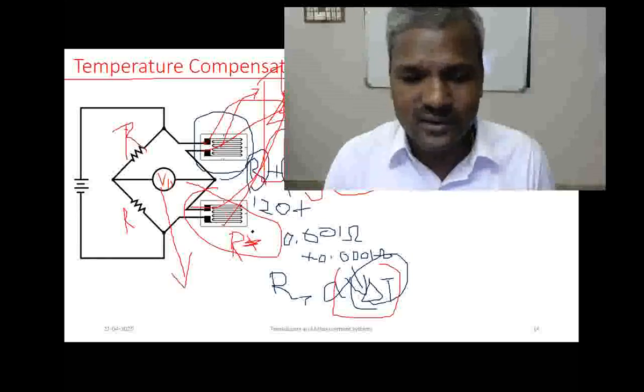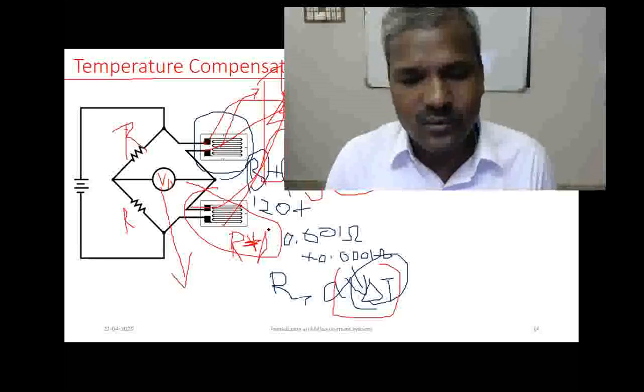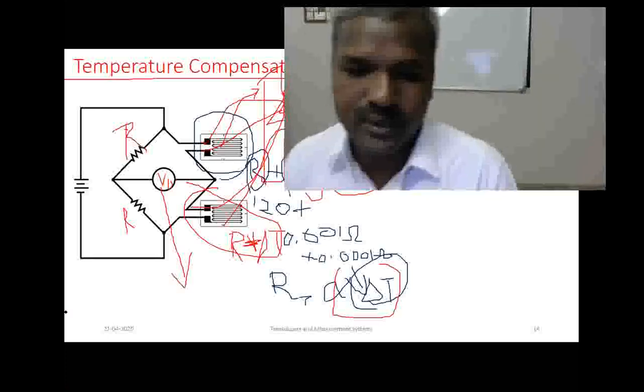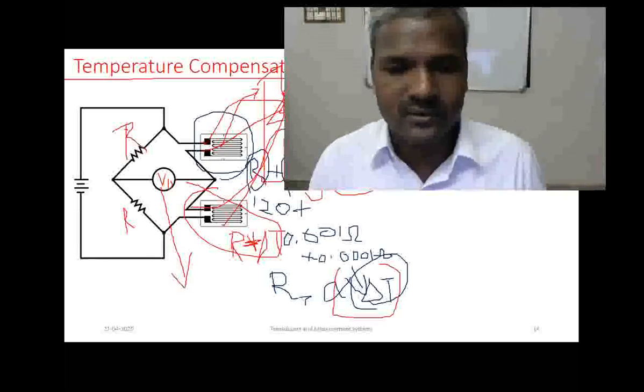It is connected to the signal conditioning circuit, but not bonded over the process.